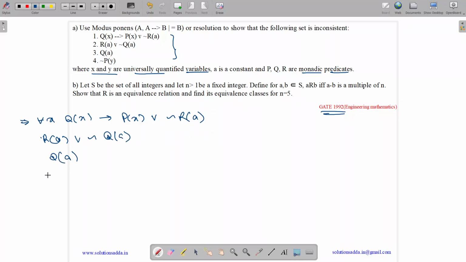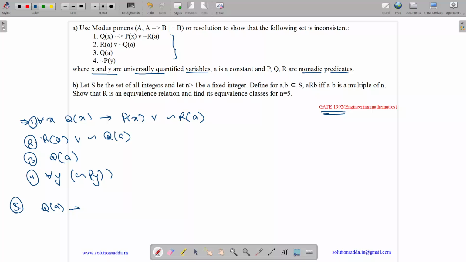The third one remains the same, and for the fourth one we can write for all y, negation of p(y). Now using universal instantiation, let us number these 1, 2, 3, 4. Using universal instantiation on 1, it becomes 5.